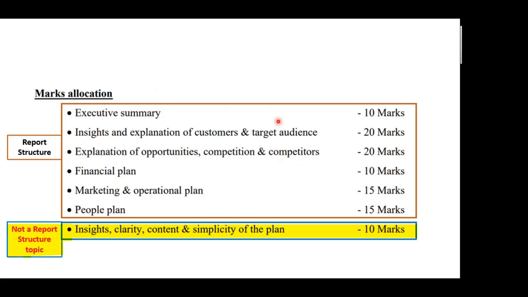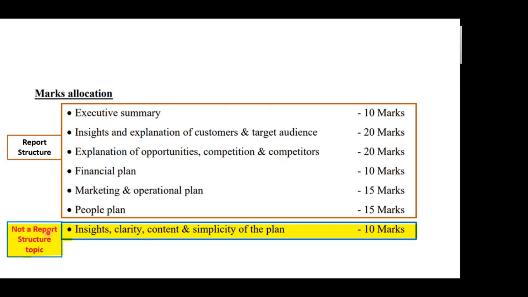So this is what I explained at the very beginning as well, right? If we revisit the mark allocation structure, I said there are 7 points. Out of the 7 points, the first 6 points are the contents or the structure or the topics of the report.